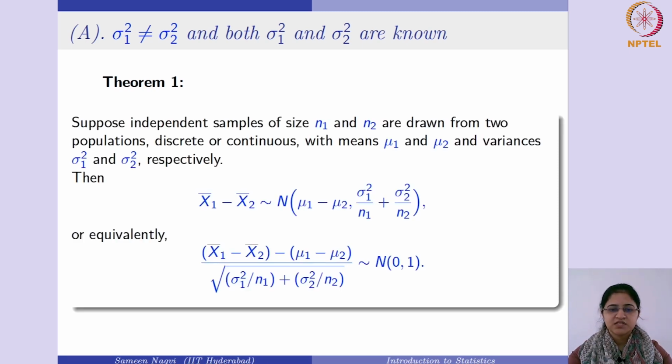The result says that if you are drawing independent samples of size n1 and n2 from two populations, whether discrete or continuous, and the means for them are mu1 and mu2, variances are sigma 1 square and sigma 2 square, then the difference of their sample means is going to follow a normal distribution with this new mean and this variance. Okay, so let us see the proof for this first.